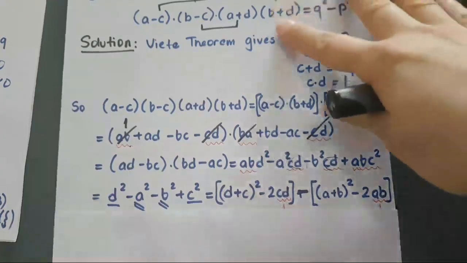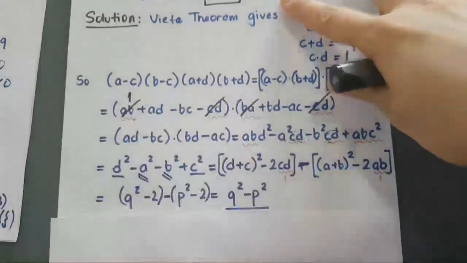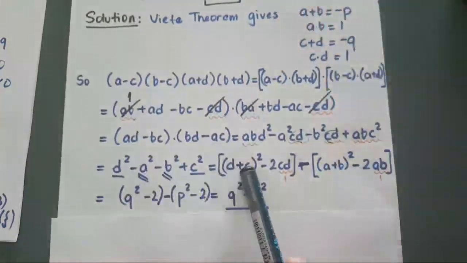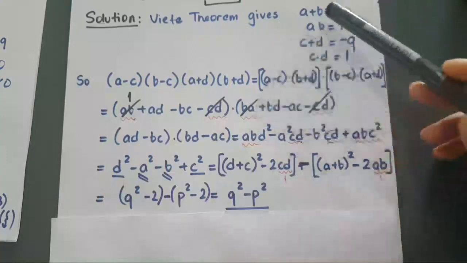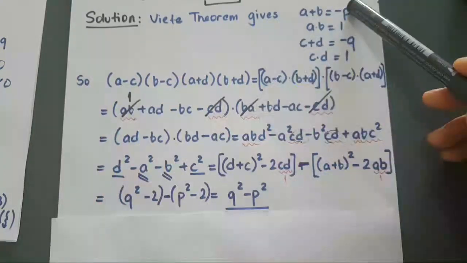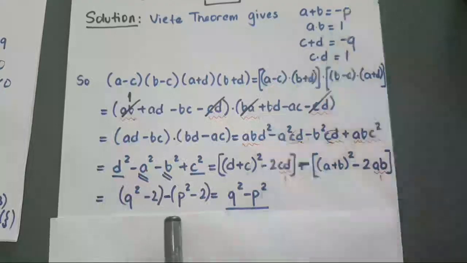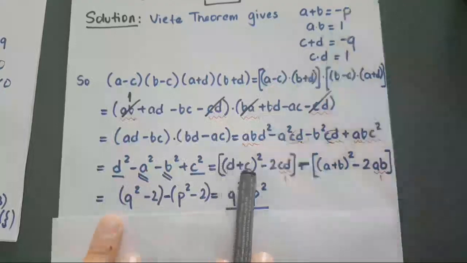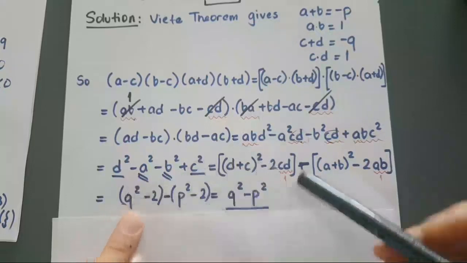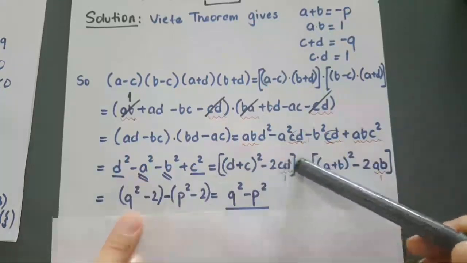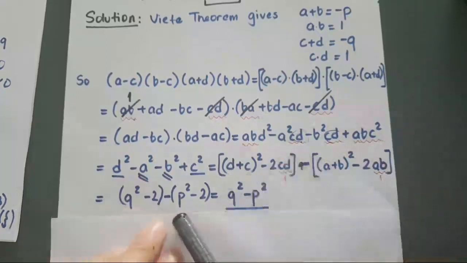So D plus C, I know what D plus C is. It is negative Q. And A plus B, I know it. It is negative P. So let me substitute them. The first one, D plus C squared, is Q squared minus 2. Why minus 2? Because C times D is 1, so it will be minus 2.